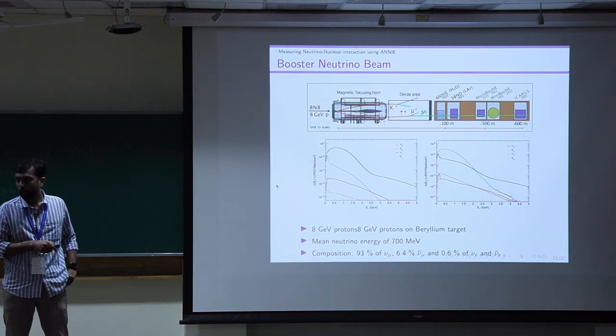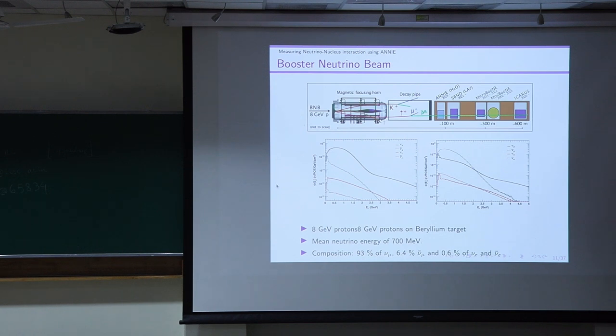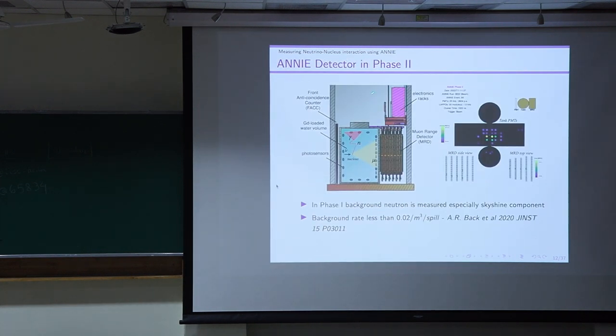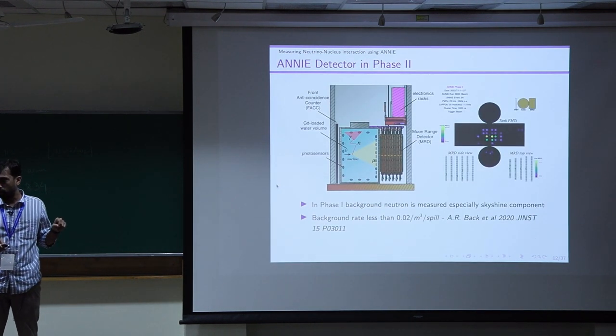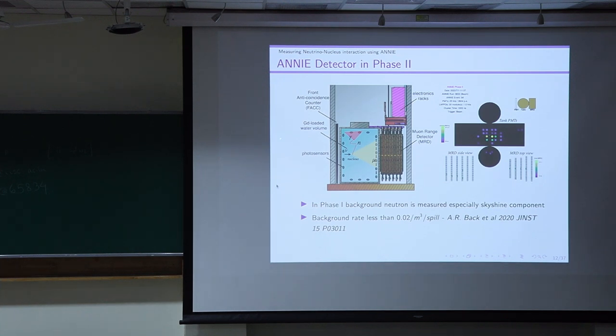If there are neutrons in the beam, is there a measurement for that? Not for the neutrons, but neutrons will not reach here. They will probably be absorbed in the decay pipe, or before reaching the detector. There is no measurement, but in ANNIE we have measured the beam correlated neutron background. Those neutrons are produced if the beam hits the upper part of the detector and produces a neutron that comes into the detector.